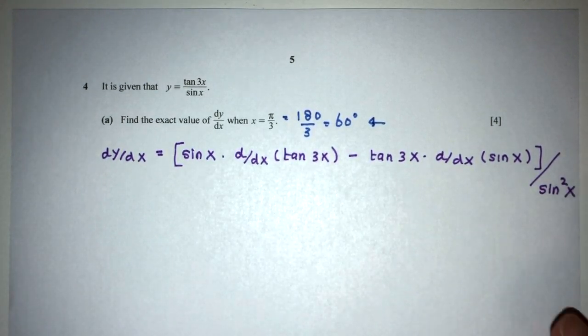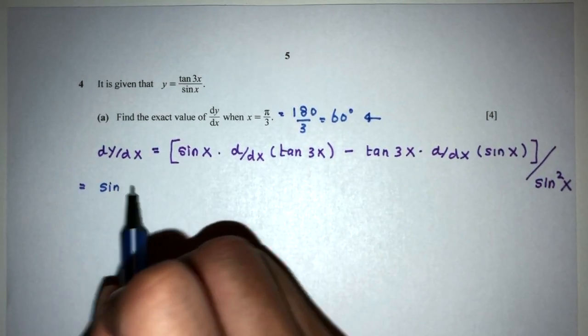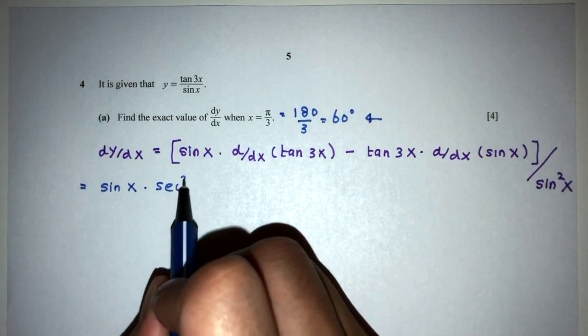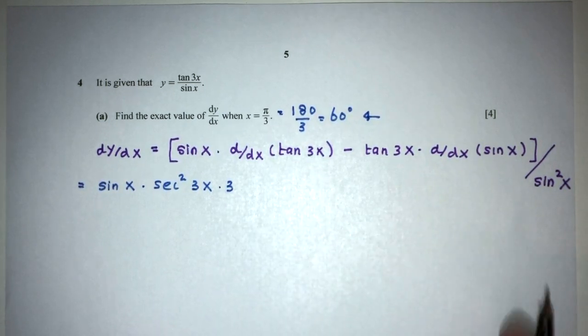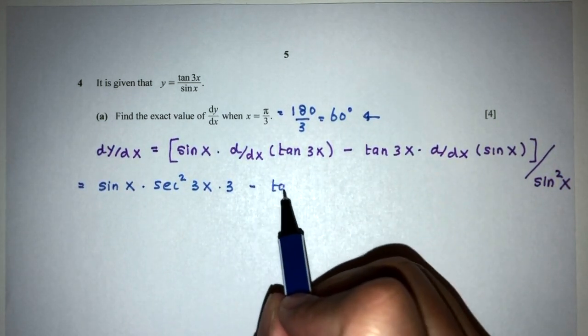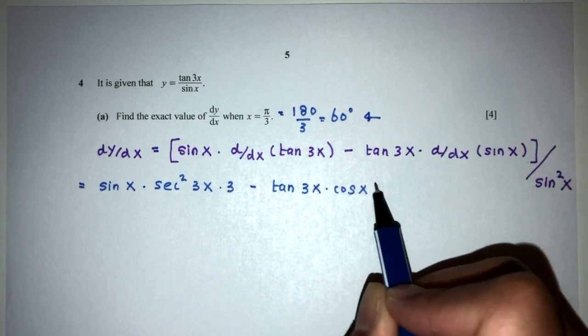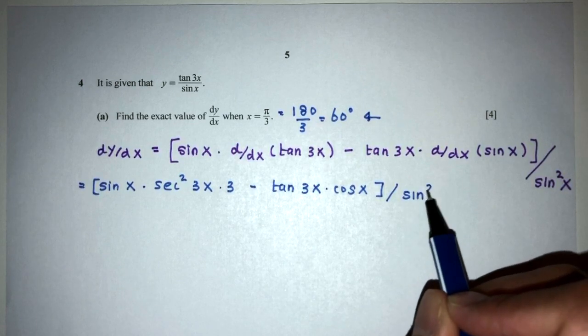Now simplify one by one. So here you have sine x is sine x, right? D by dx of this will be sec squared 3x, and of course, multiplied by 3 because of the 3x. And here minus tan 3x is tan 3x. That will be cos x, divided by sine squared x.